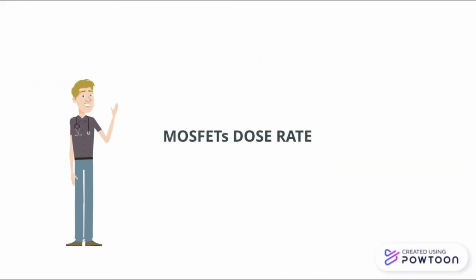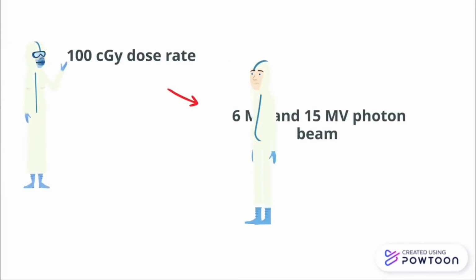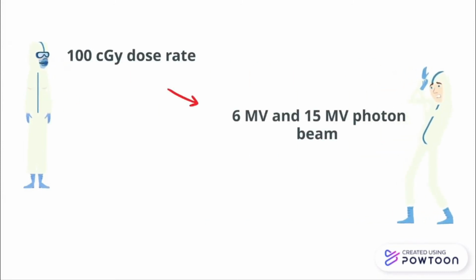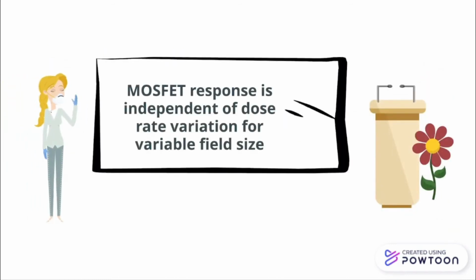The readings for dose rate using MOSFET dosimeters were obtained by irradiating them to 100 centigray for dose rate using 6 and 15 MV photon beams. It is observed that the MOSFET response is independent of dose rate variations and of variable field size.